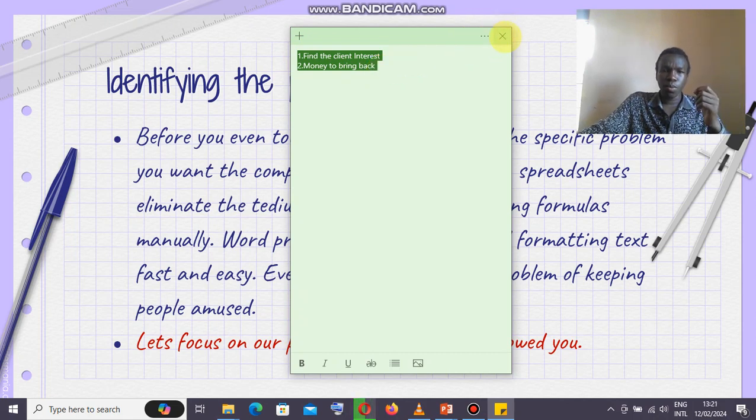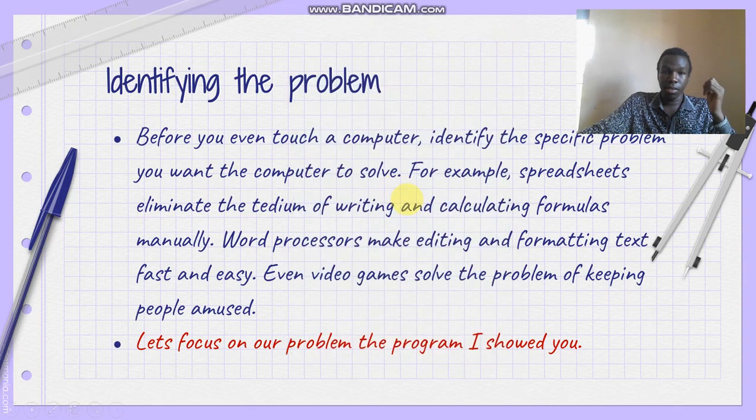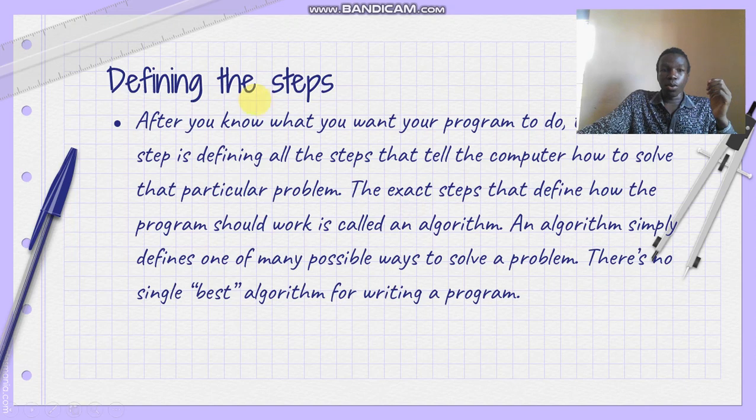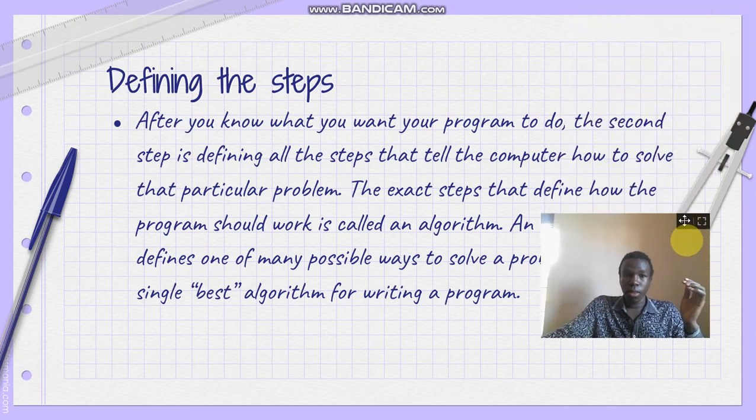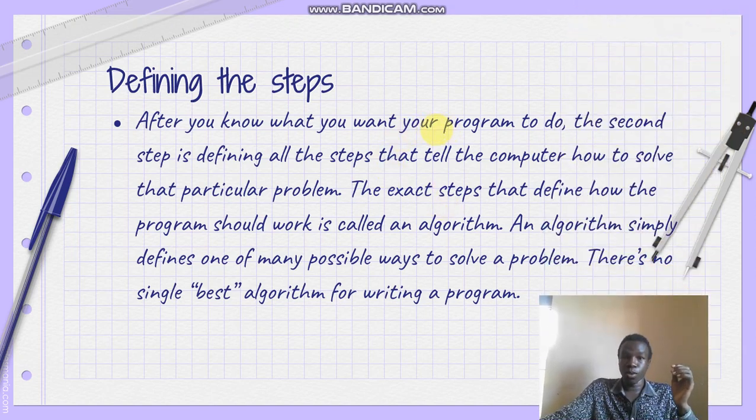What is the next thing you do when you are programming? You define the steps you are going to use when you are writing your program. After you know what you want your program to do, like to get the interest and next to get the amount, the second step is defining all the steps that tell the computer how to solve the particular problem.